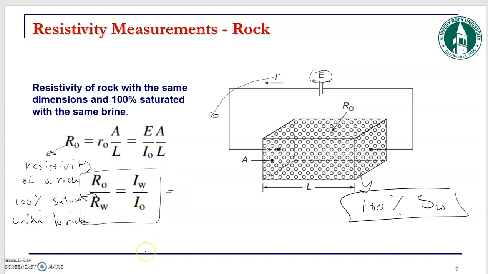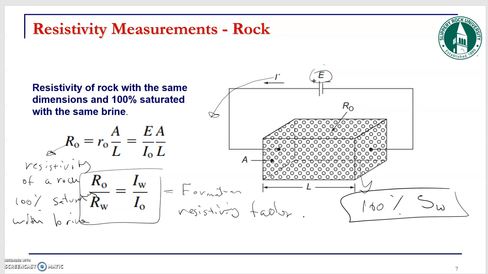This ratio is very important, as we call this ratio the formation resistivity factor. So if you have a piece of rock sample, you saturate it 100% with the brine, and you know the resistivity of the brine, then you calculate the resistivity of your sample 100% saturated with water divided by the resistivity of the brine.